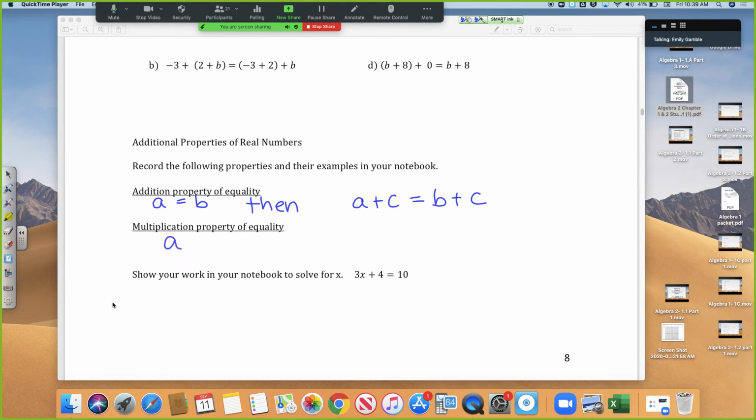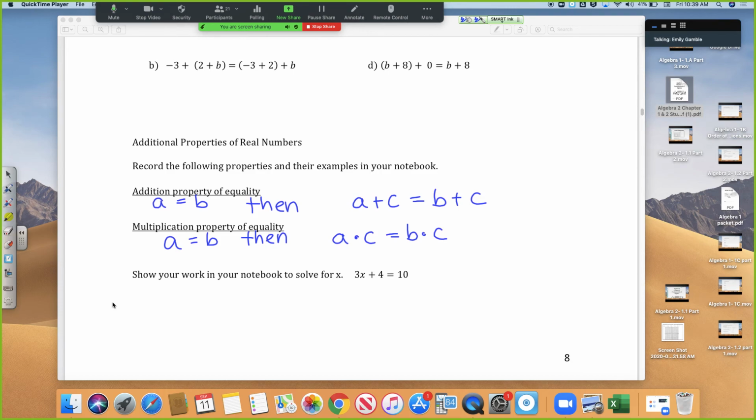If A is equal to B, then A times C will equal B times C. That's just meaning that if you take a number and you add it to one side, you have to then add it also to the other side, and it will stay the same.